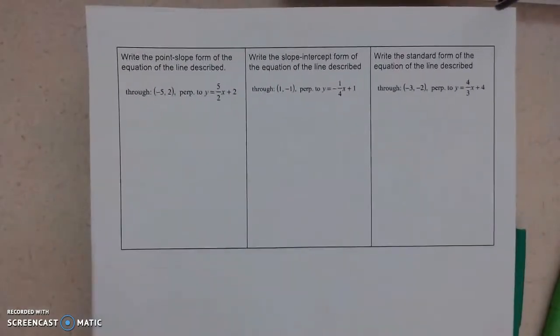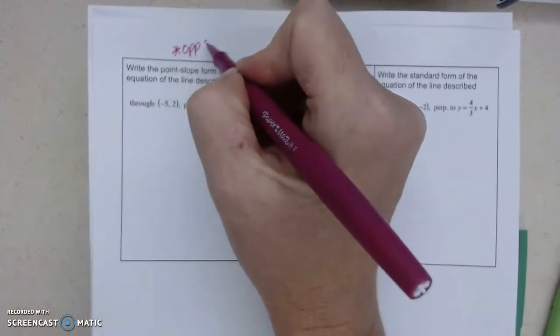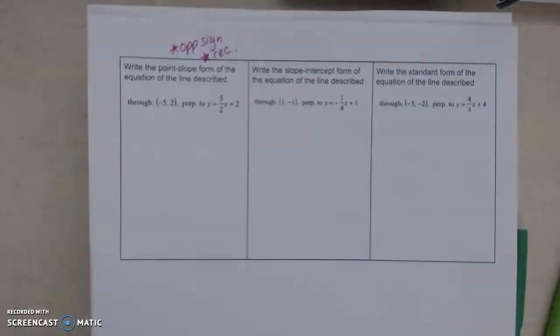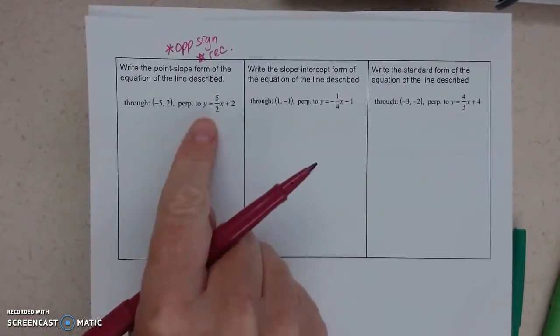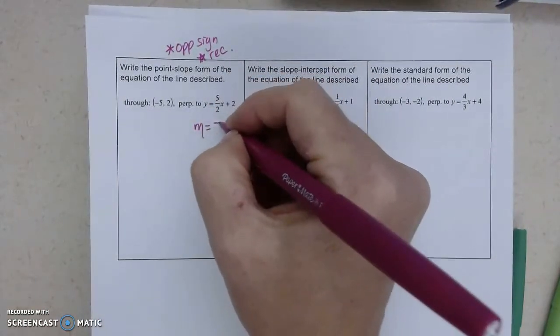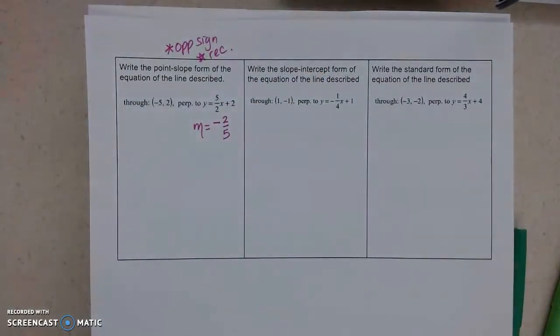So let's try perpendicular. So for perpendicular, remember, we need opposite sign, and we need the reciprocal. So if we're going to go through this point, and we want it to be perpendicular, that means our new slope needs to be negative and 2/5, because we're going to take the reciprocal, which means to flip the fraction.